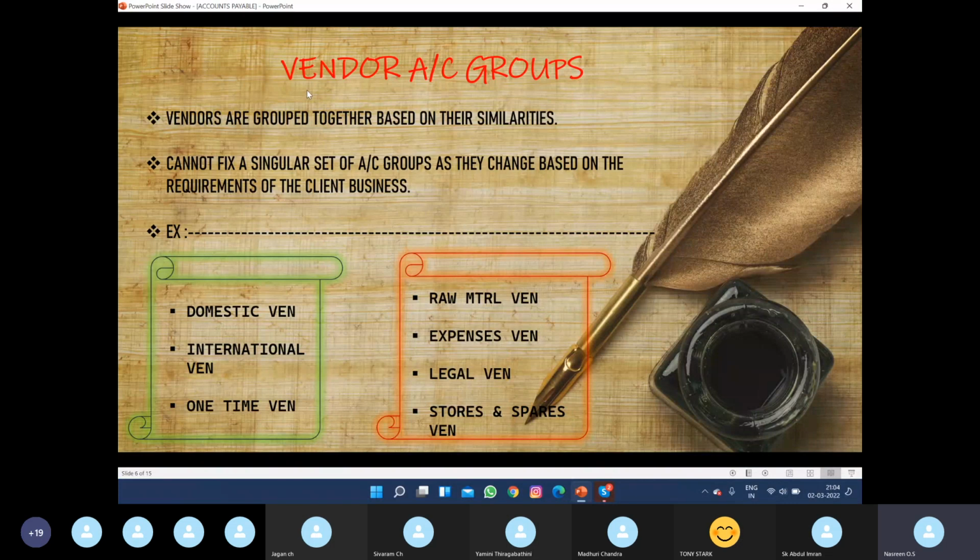So we create these account groups to get information and to have an easy understanding of what kind of vendors we are dealing with. This was about vendor account groups.